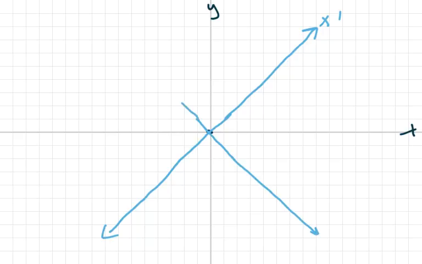All right. There's your y prime. And then we have 1, 0 and negative 1, 0. It's also going to go through here and here, here and here. So basically something like this.